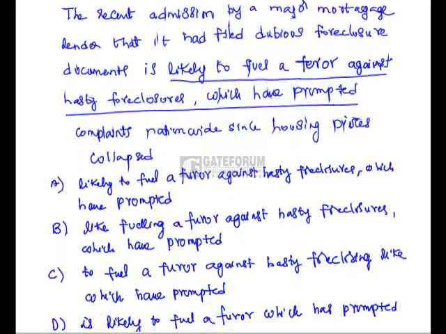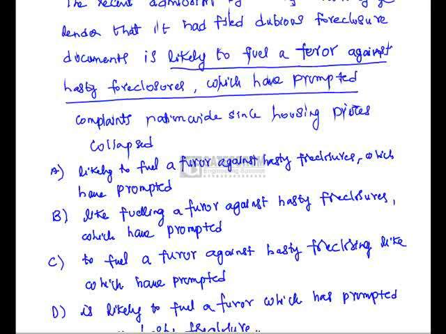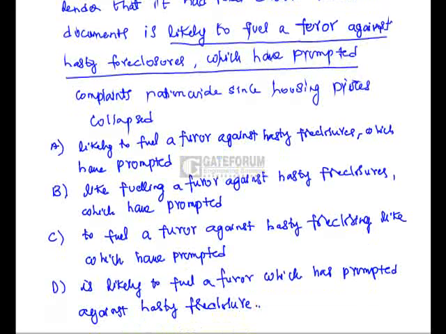Move on to C. To fuel a furor against hasty foreclosing, like which have prompted. Again, the meaning is thoroughly distorted. The basic understanding of the sentence is that the mortgage lender has made an admission, and this is going to create or most likely to create the problem or the confusion. But this meaning is not there. It is totally distorted.